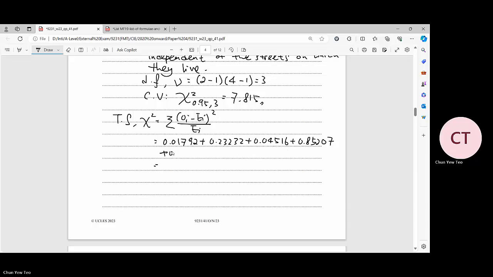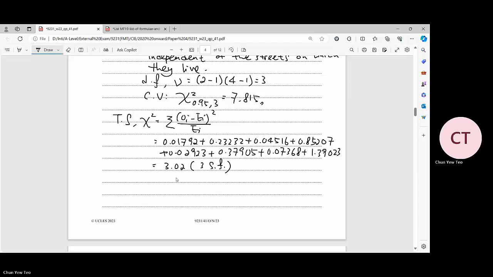Then 0.02923, then 0.37905 plus the 0.07368. And lastly, 1.39023. I'm using 5 decimal places, not 5 significant figures. So the total will be 3.02, straight away rounded to 3 significant figures to be more precise.